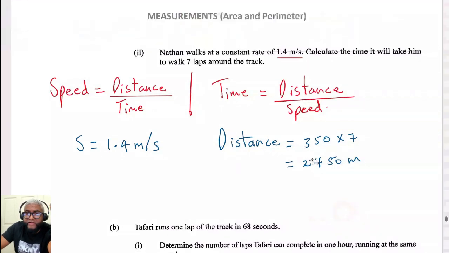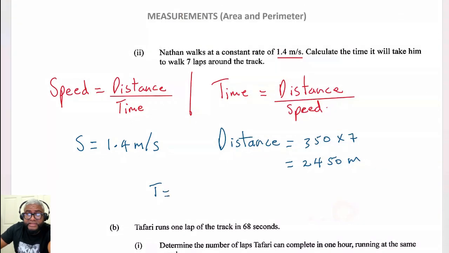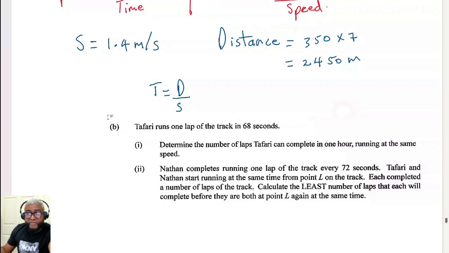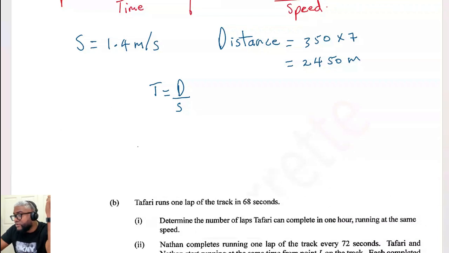But we have a formula to find time. The question asks us to calculate the time. So time is equal to distance over speed, right? Let's work your formula. So time will be equal to what here, Nathaniel Ford? What is distance?